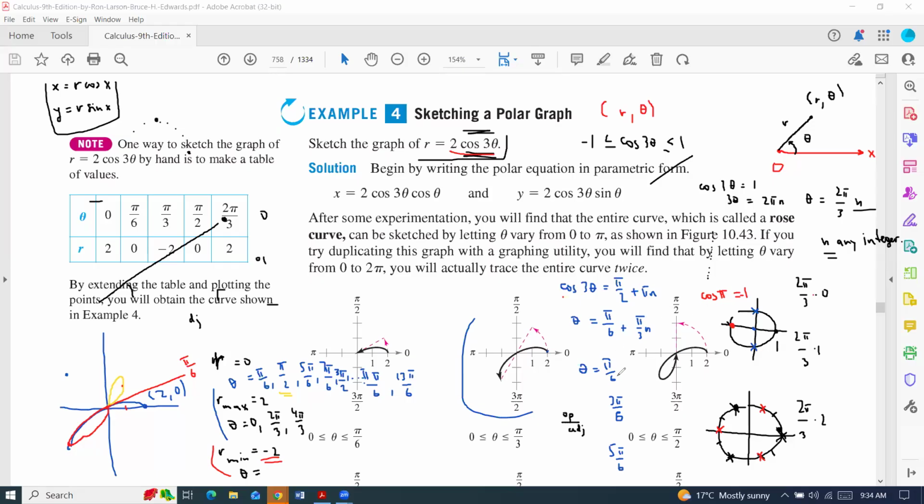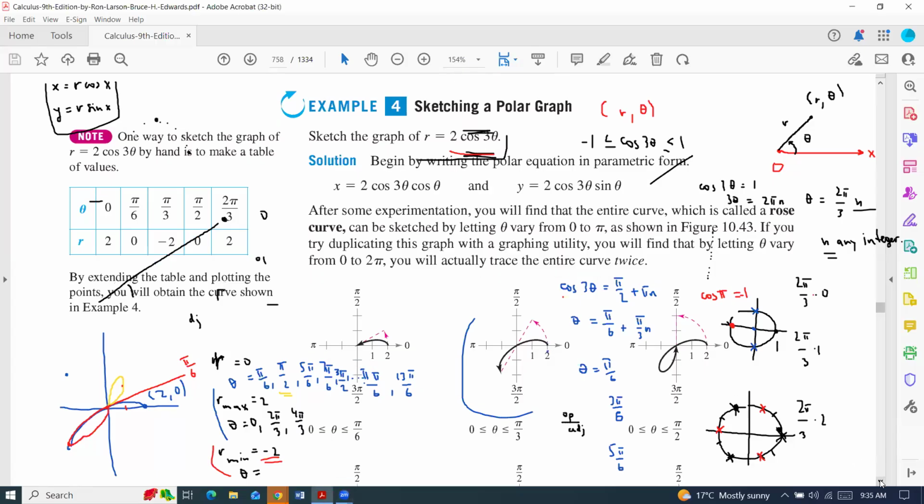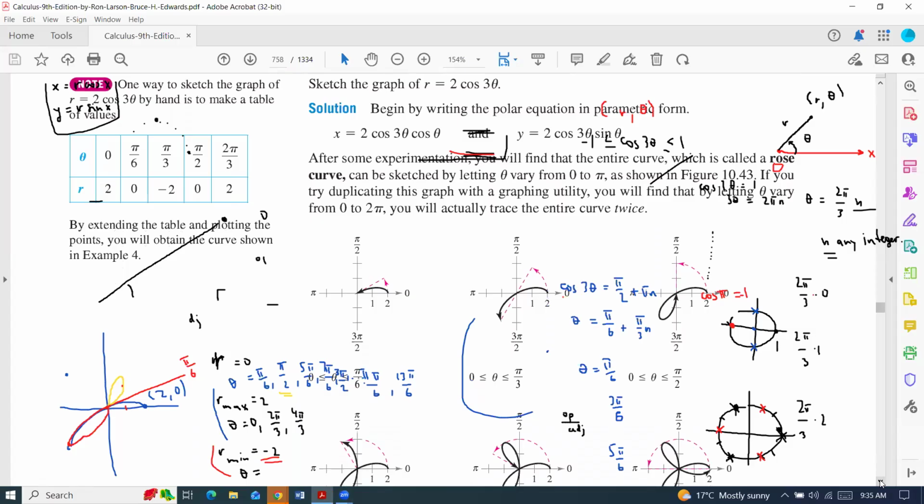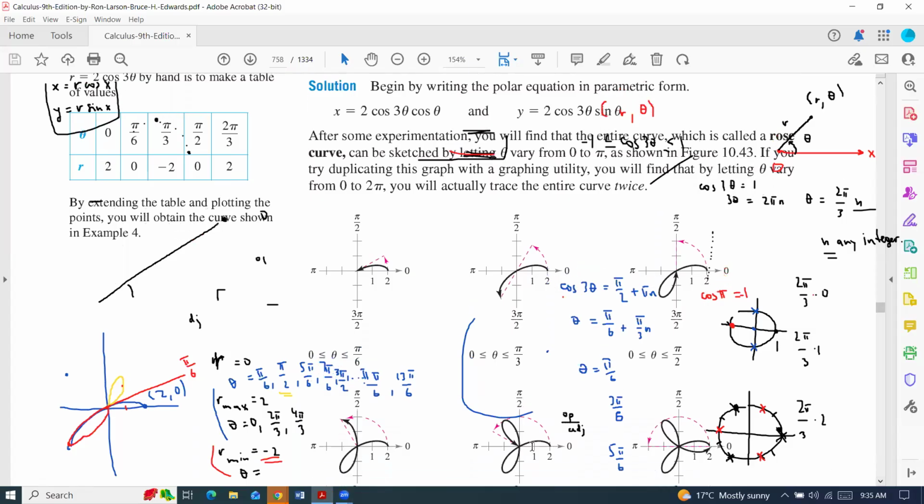Pi over 3, then next is going to be pi over 2, so towards 90 degrees angle. So when theta increases, the point's reflected through the center. See how it comes out. And then we go to the third quadrant, and again, r will be positive, so it will actually produce the picture that we need, and it's drawn right here, you see.